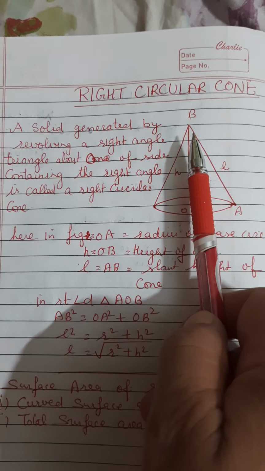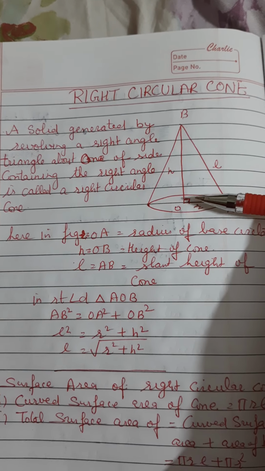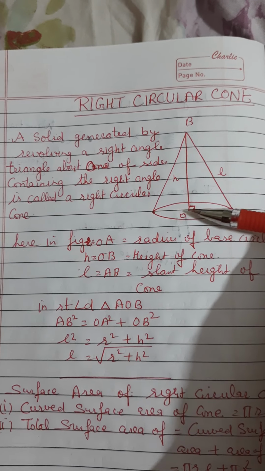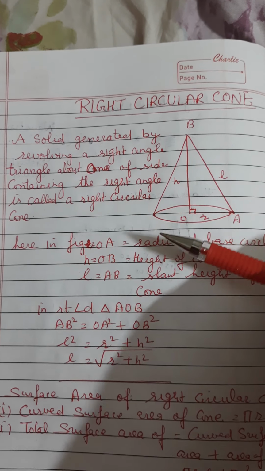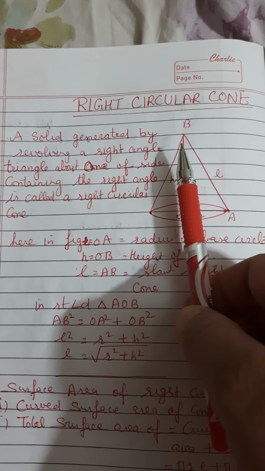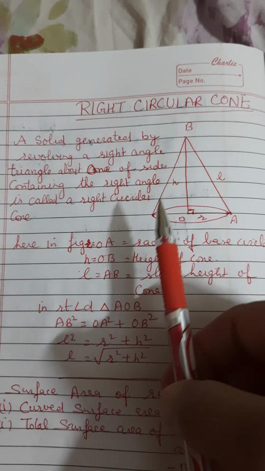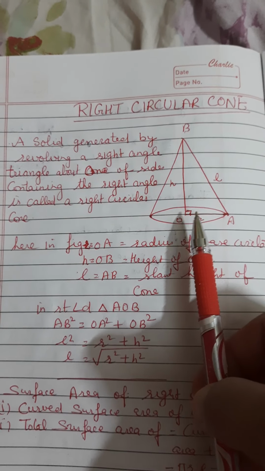Either we can take this side constant at one place, or we can take this side constant at one place. Means these two sides are making the right angle. We take one of these two sides at a constant place, and the other point is free to move in a circular path. Then we get a cone.